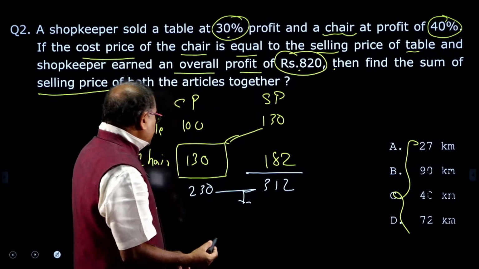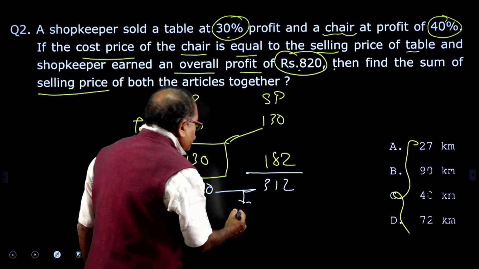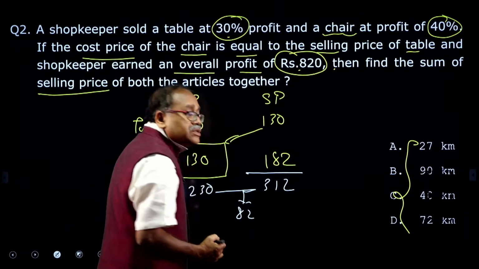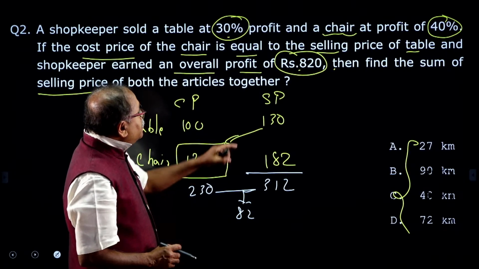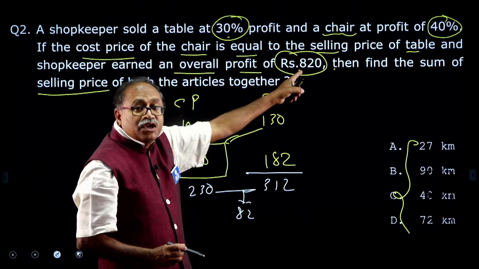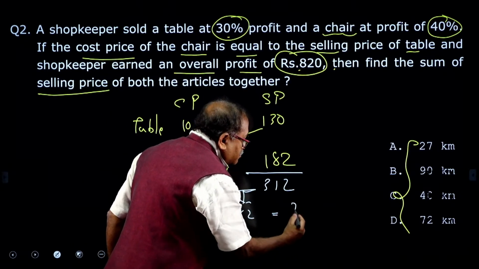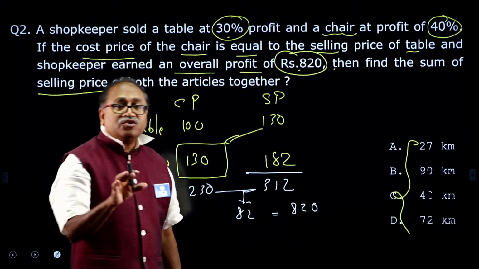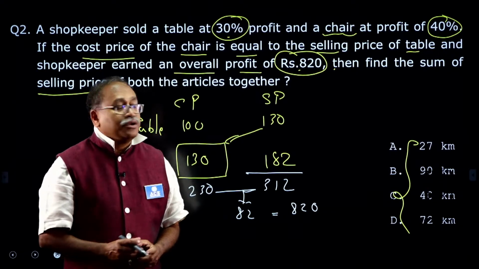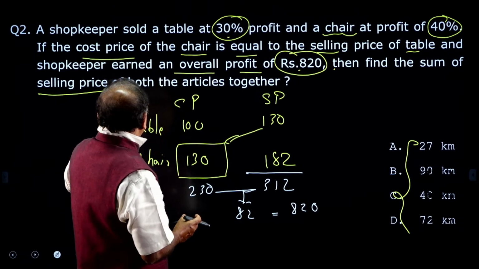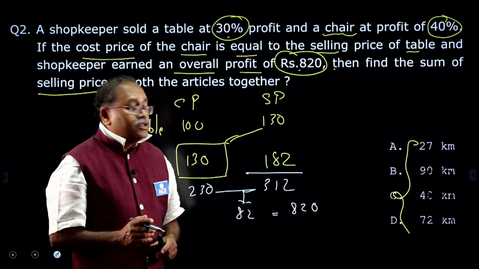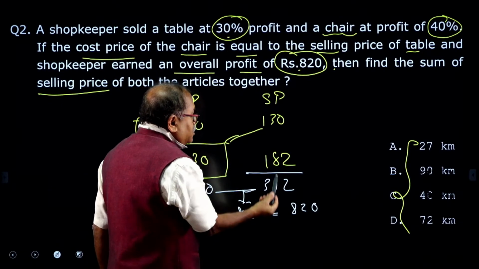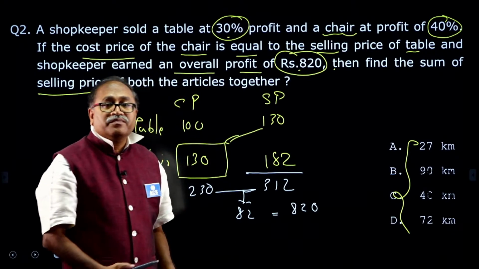The profit is 82 parts. When 82 parts is equal to 820, it is said that the selling price of both the articles. So, what is this total selling price? 312.